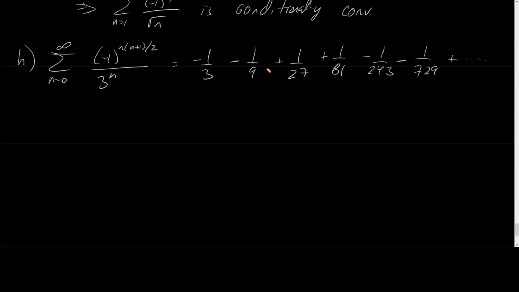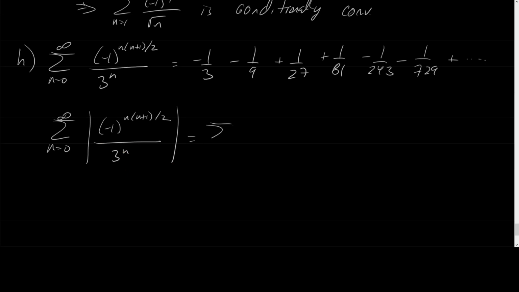Because it's not an alternating series, we can't even apply the alternating series test. But what we can do is consider the absolute value version of this, the absolute value of (-1)^n times (n+1)/2 over 3^n. Well, what does that give me? That gives me the series from 0 to infinity of 1 over 3^n, because that absolute value of -1 just becomes 1.